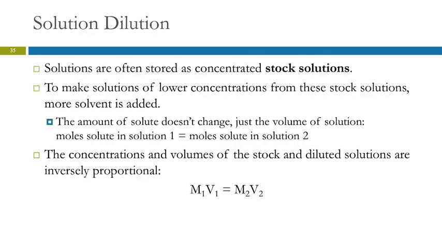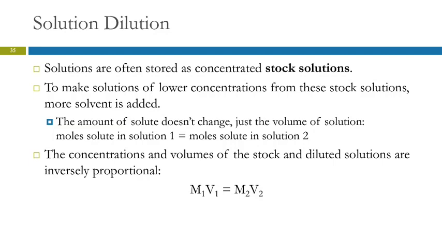So we often have chemical solutions that are more concentrated than what we need to actually use in the lab. It's a little bit like going to the grocery store and buying concentrated frozen orange juice, right? You're not going to drink it in that form, but it's convenient because it takes up less space.